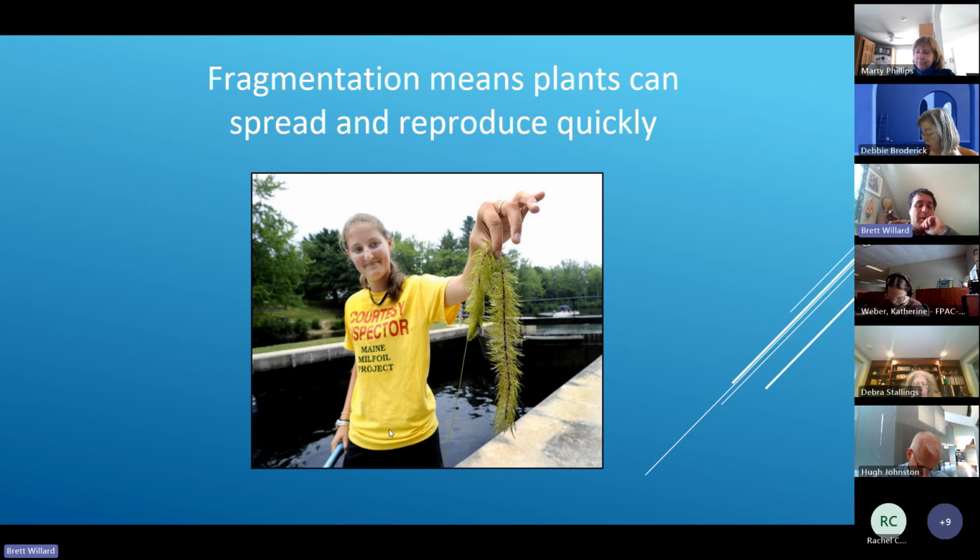This is one fragment of variable leaf water milfoil, which is the most common aquatic invasive plant in Maine. And a single frond like this can break into many, many pieces, which can each become a new plant. And it only takes a couple inches of each segment of this plant to break off and form something new.